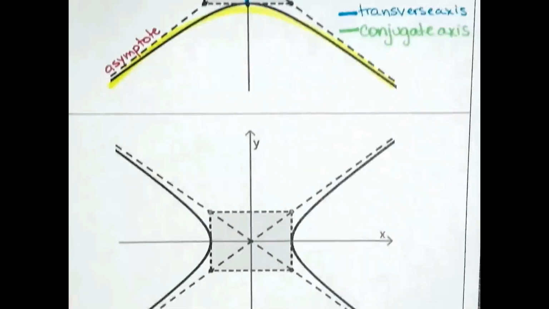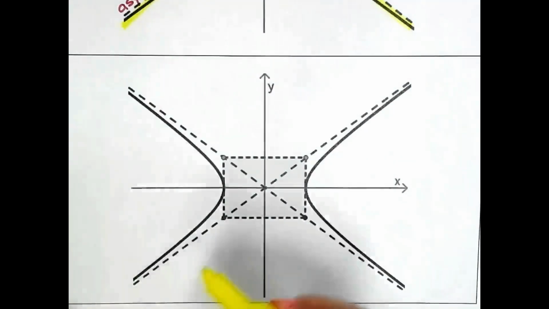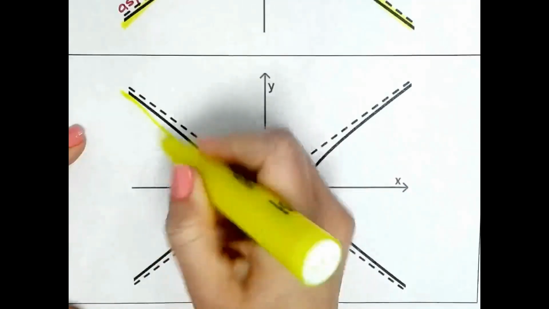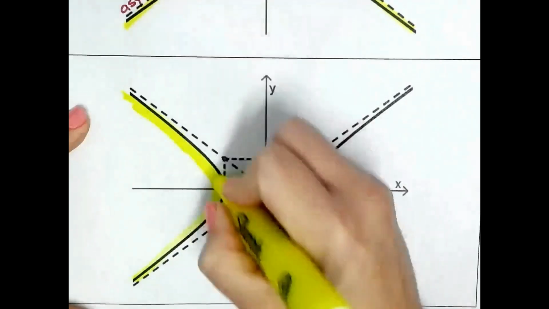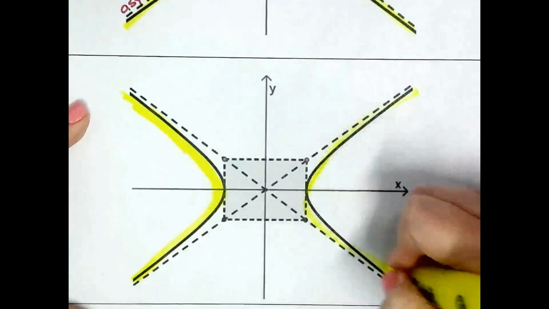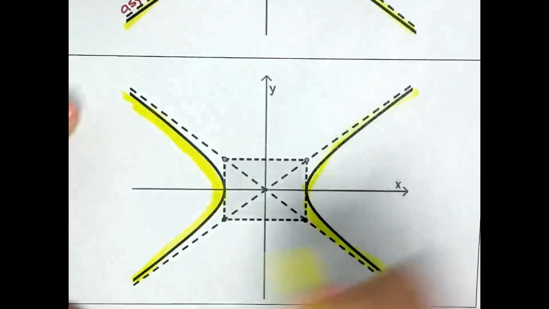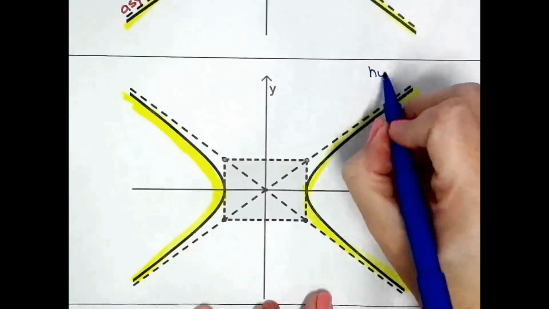Now the other example we have is a hyperbola, but it opens sideways. So again, what I'm highlighting here, that's the graph. Everything else is there just for reference. So this hyperbola opens side to side and is called horizontal orientation hyperbola or a horizontal hyperbola.